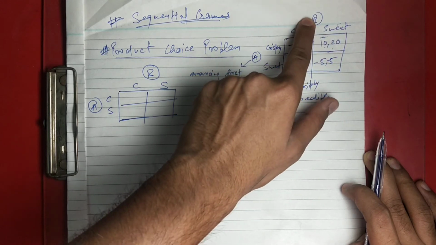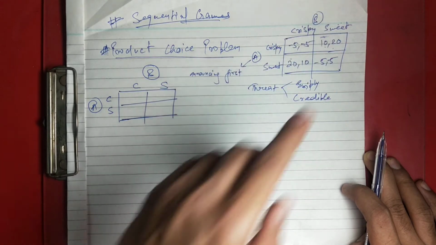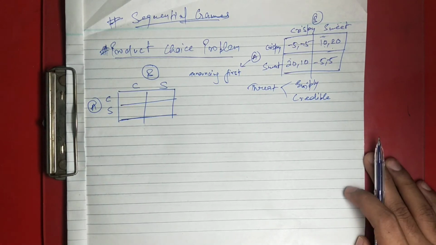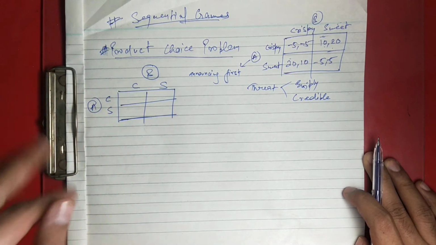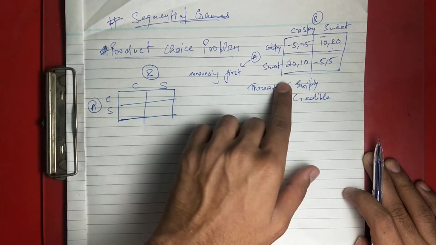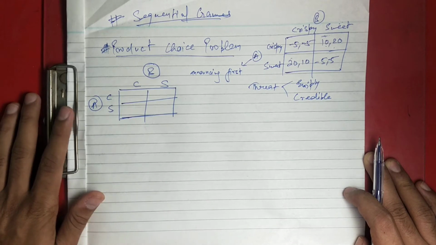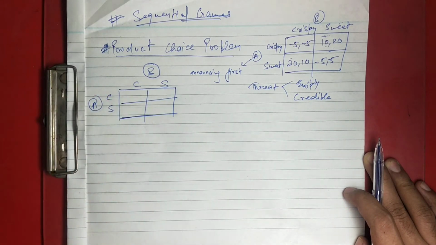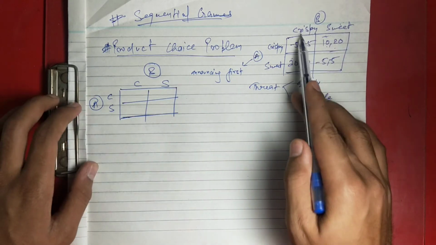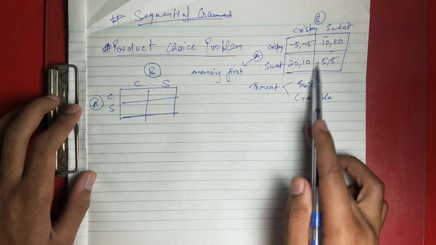So it is an empty threat for B. It hasn't affected the decision making of B. It hasn't influenced it. Okay, but now what A can do to make this threat credible and take out the maximum profit from it, so that B is helpless to produce the crispy one, and this will be the solution.